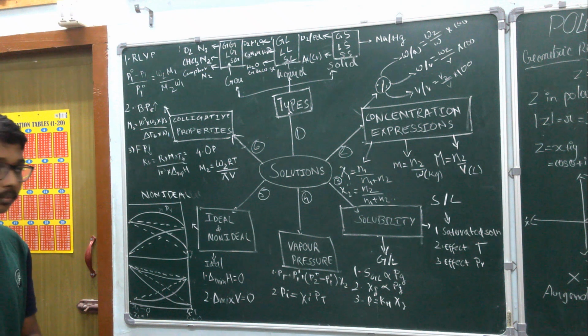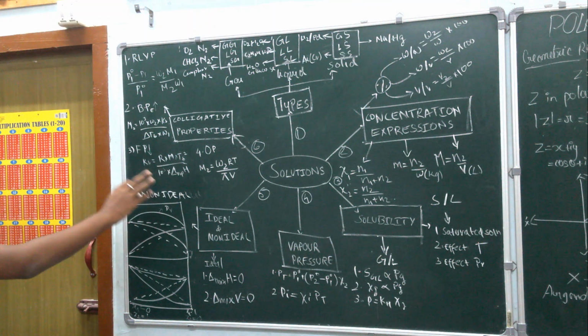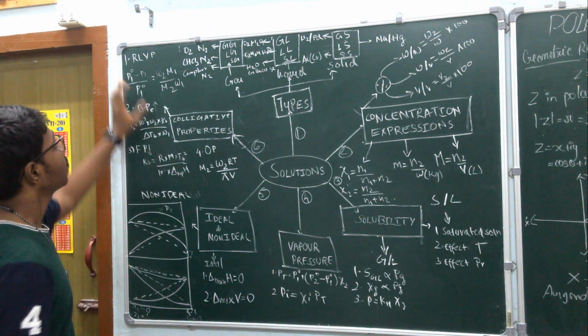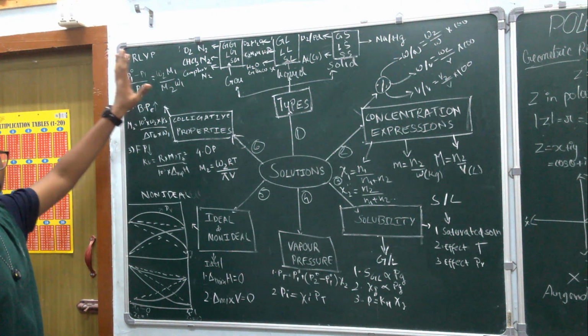Now, the last and main topic is colligative properties. In colligative properties, there are 4 main subtopics. First is RLVP, relative lowering of vapor pressure.